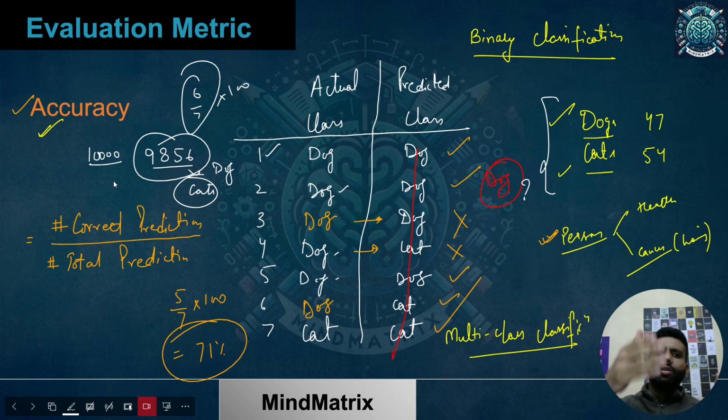Because if it says that all the images are of dogs, 9856 will be the correct predictions upon total. So 98.56 is the accuracy.